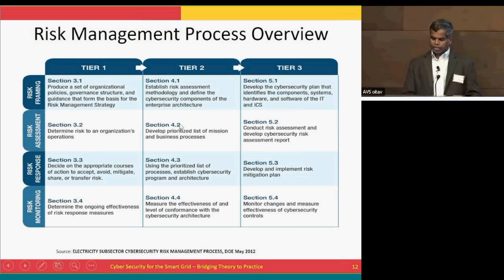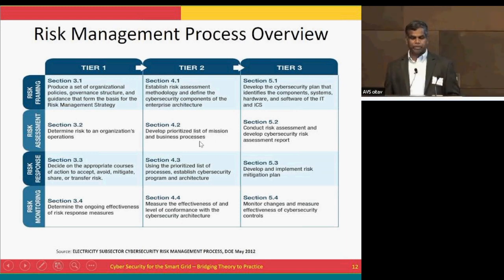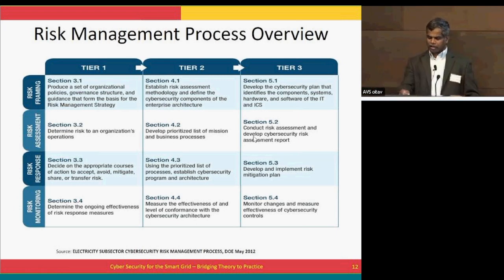Then tier 2 may develop a prioritized list of mission and business process risk. Then the third tier actually conducts the risk assessment itself using tools and appropriate methodologies, producing that report. That report will be used as part of the decision making by tier 2. The output of the decision will be communicated to tier 1. So the information flows in both ways. I think this is important.